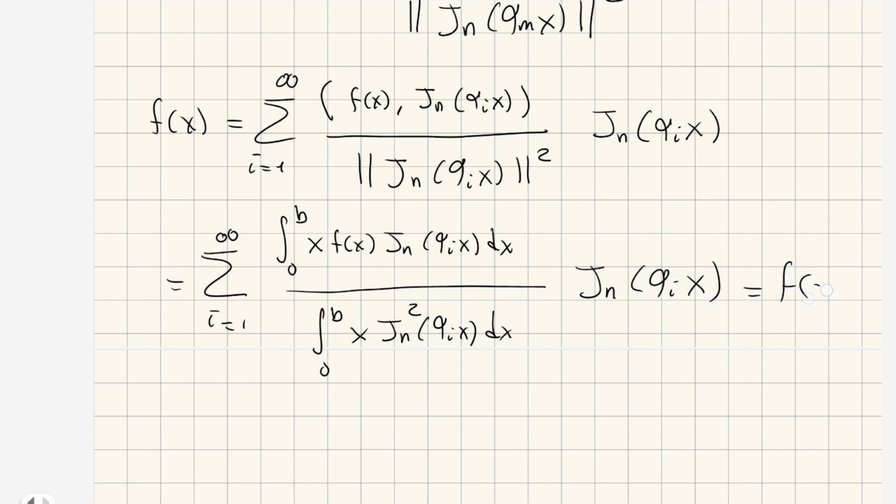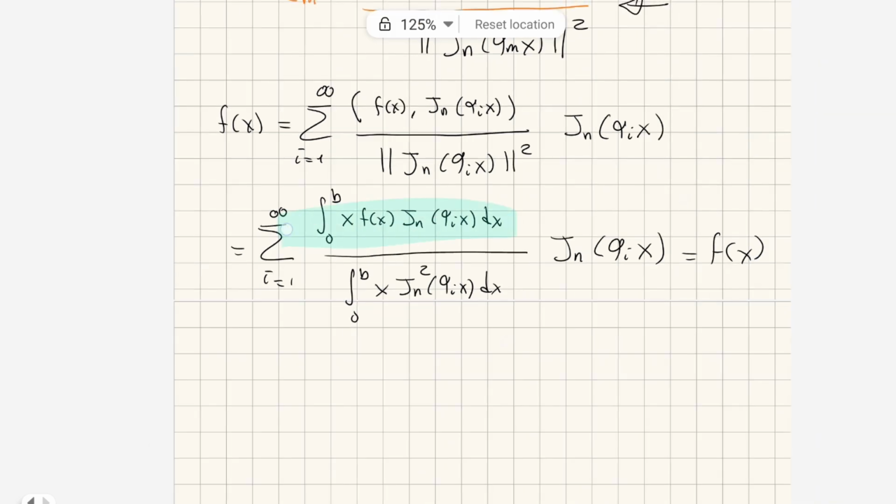Perfect, and this is the result that I wanted to get, because this expression is known as the Bessel-Fourier Series. Okay, so we will be working with this concept to explain it further, but for now we are going to finish here after giving the definition of what is the Bessel-Fourier Series.